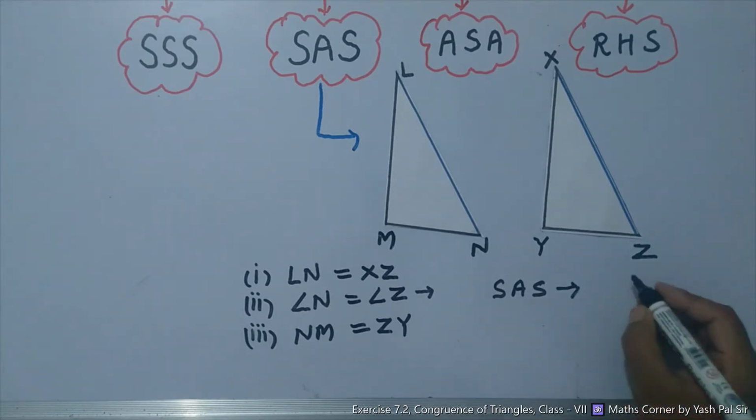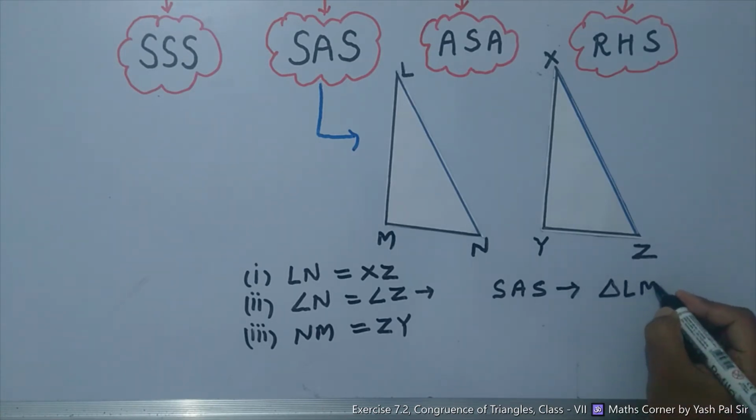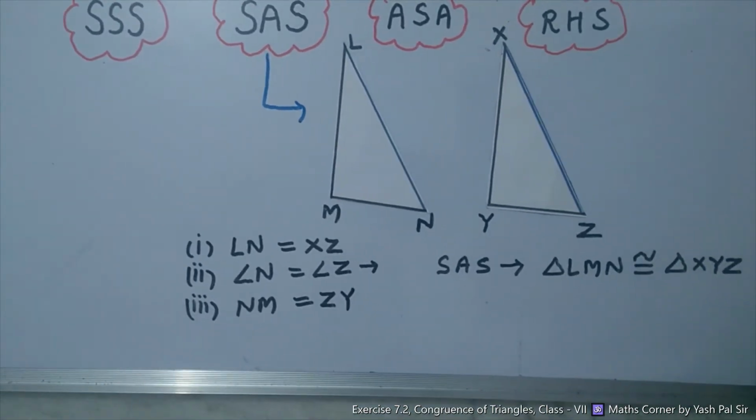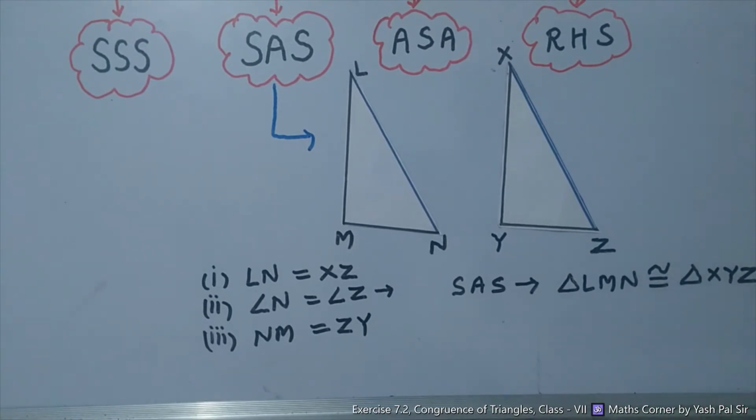This way we can write triangle LMN is congruent to triangle XYZ, right?